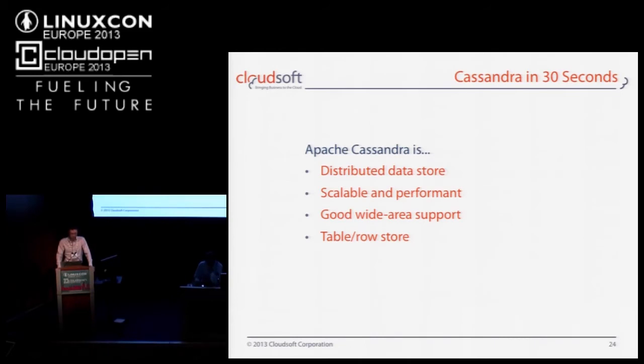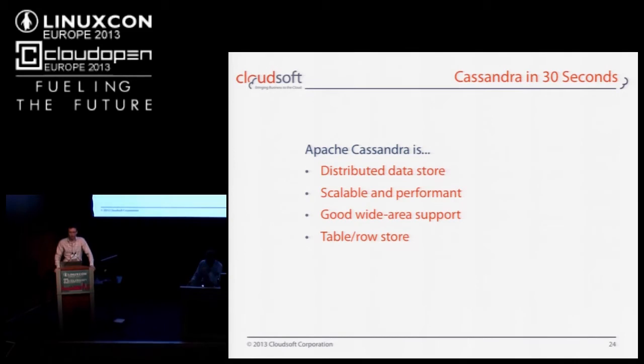It's a distributed data store. It's very, very scalable and very performant. So, for example, Netflix did some performance measurements scaling up to about 300 nodes, and it scaled linearly to do a couple of million writes per second on their network, all testing in Amazon. And it's got excellent wide area support.